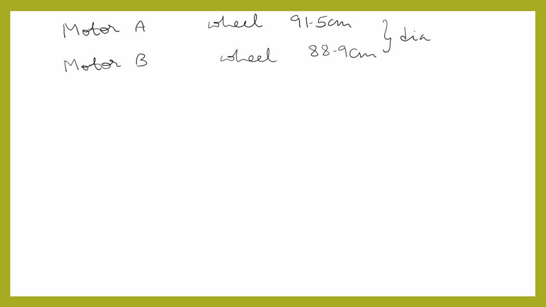So for a given speed of the car, the speed of rotation of motor B will be 91.5 by 88.9, that is 1.03 times that of speed of A. That is NB, the motor B speed, is equal to 1.03 times NA, the motor A speed.